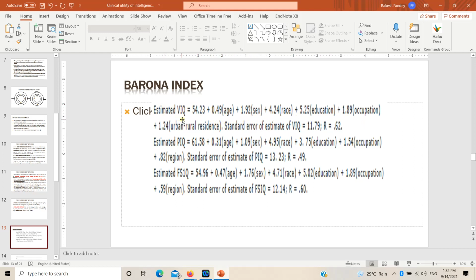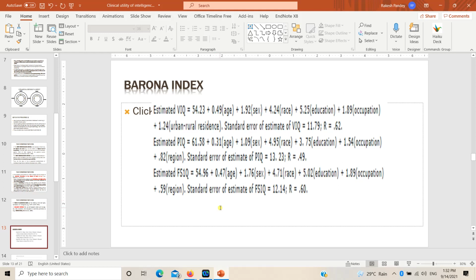This will estimate the verbal IQ. Similarly, for estimated PIQ, the constant is 61.58, which implies that verbal IQ may be slightly lower than performance IQ, and this is the equation for full scale IQ.